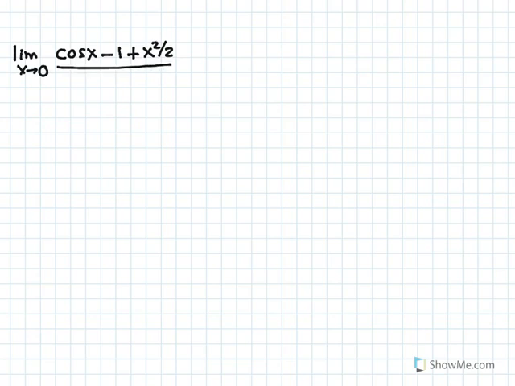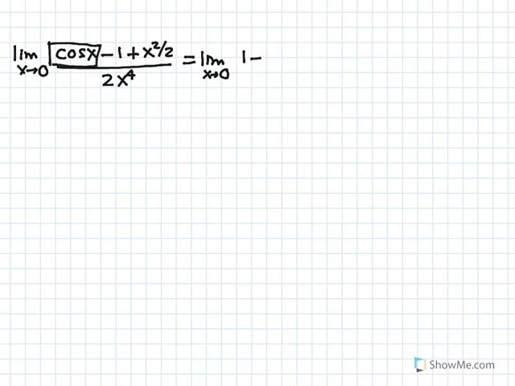So basically what we have is the limit as x approaches 0 of cosine x minus 1 plus x squared divided by 2, all divided by 2 times x to the power of 4. This is equal to the limit as x approaches 0. Now we're going to put the first 4 terms of the Maclaurin series of cosine x in the numerator.